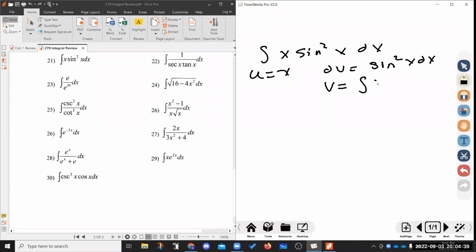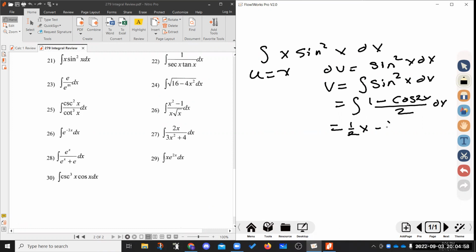V is going to be equal to the integral of sine squared x dx. So that's going to be the integral of 1 minus cosine 2x over 2 dx. That's going to be 1/2 x minus 1/2 integral cosine 2x dx.